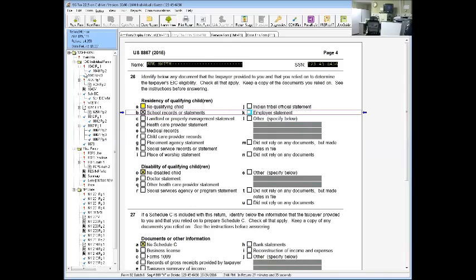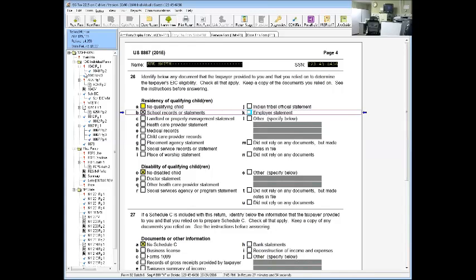They may be banned from claiming EIC for the next 2 years if the IRS finds the error is because of reckless or intentional disregard of the rules. Or they may be banned for the next 10 years if the error is because of fraud.